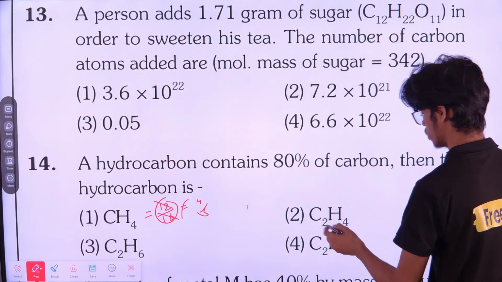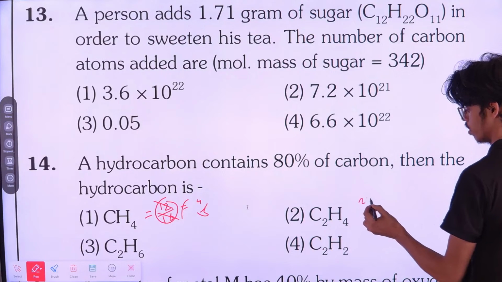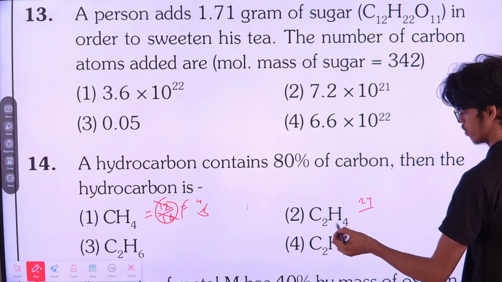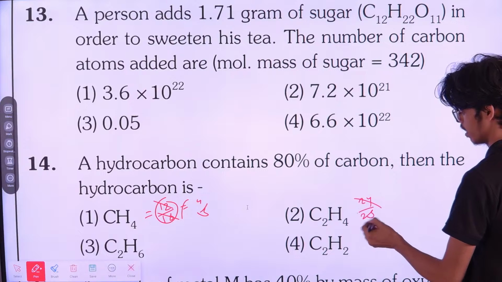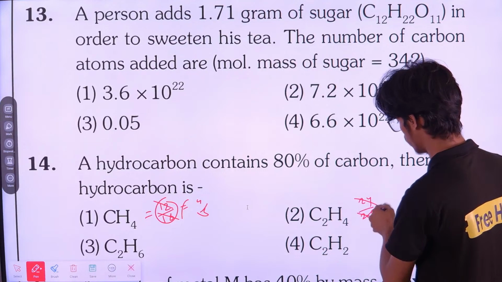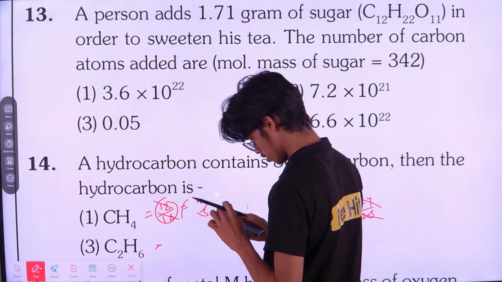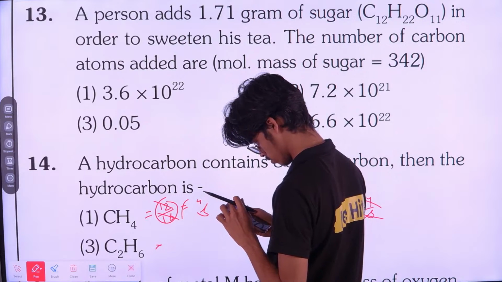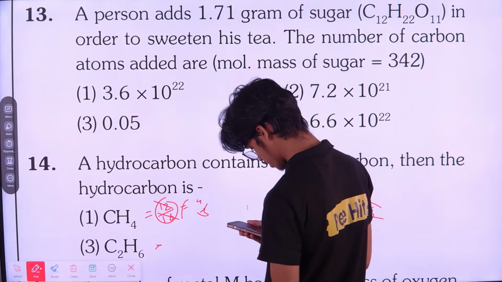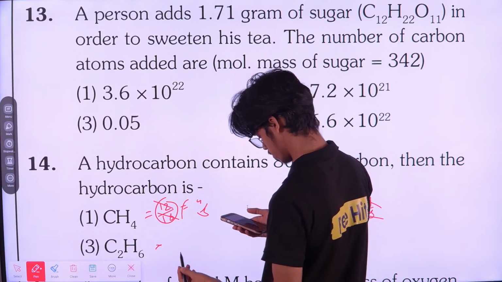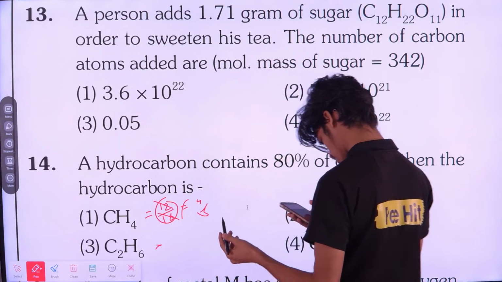Okay. C2H4, the mass of carbon is 24 divided by the total mass, 28. Still, it's not the answer. It's not near 0.8. But if we see this option, C2H6, somebody answered 14, option number 3.